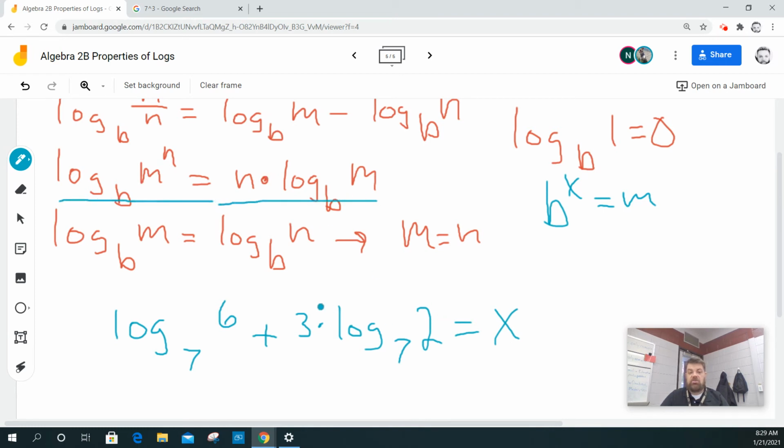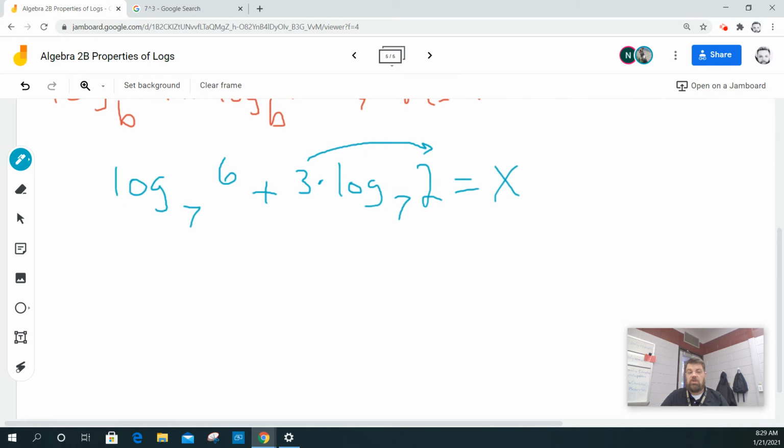I'm going to take this 3 and I'm going to toss it to the 2 because that's a property that I could use. In other words, I'm going to say the log base 7 of 2 raised to the third. Those two expressions mean the same thing.